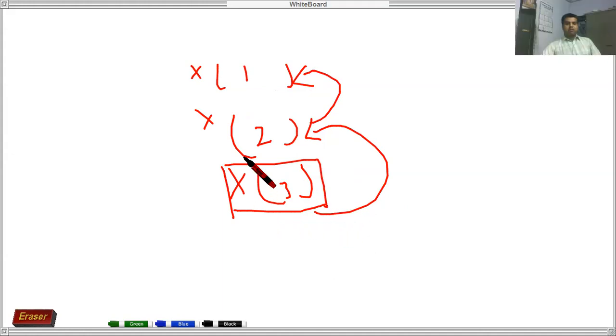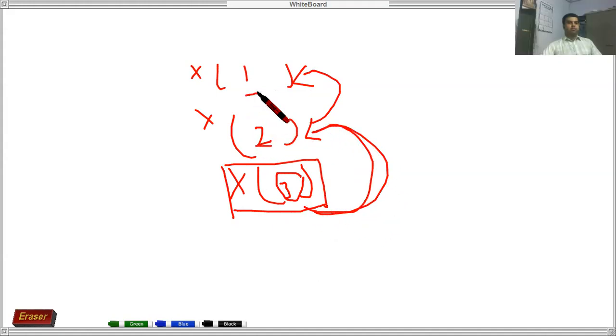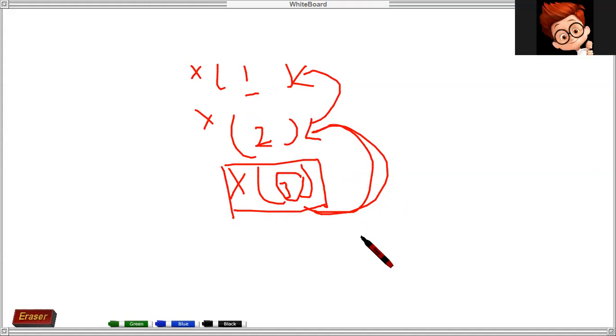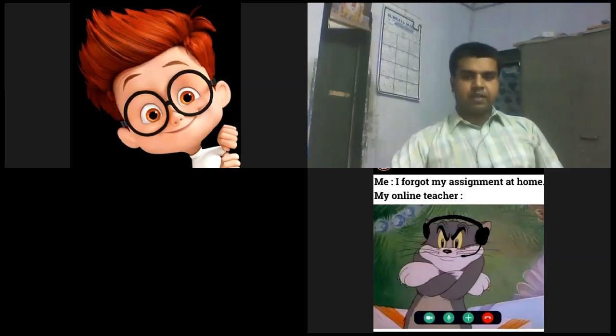Why? Because first the value 3, which was entered at the last, is processed first, and then it moves towards the value 2, and then proceeds towards the value 1. So there is a flow of control of multiple procedures or functions. This is what you call the asymptotic behavior of a function or a method. Clear?